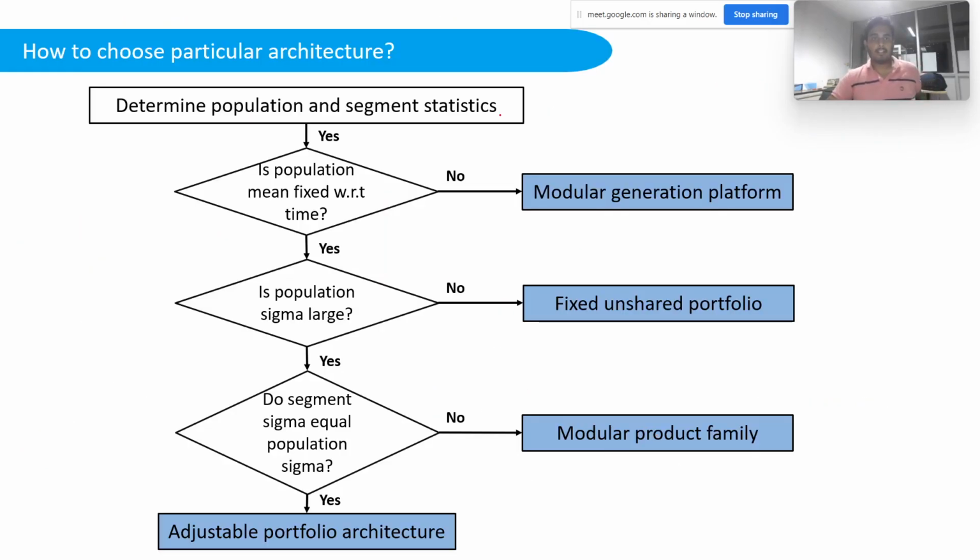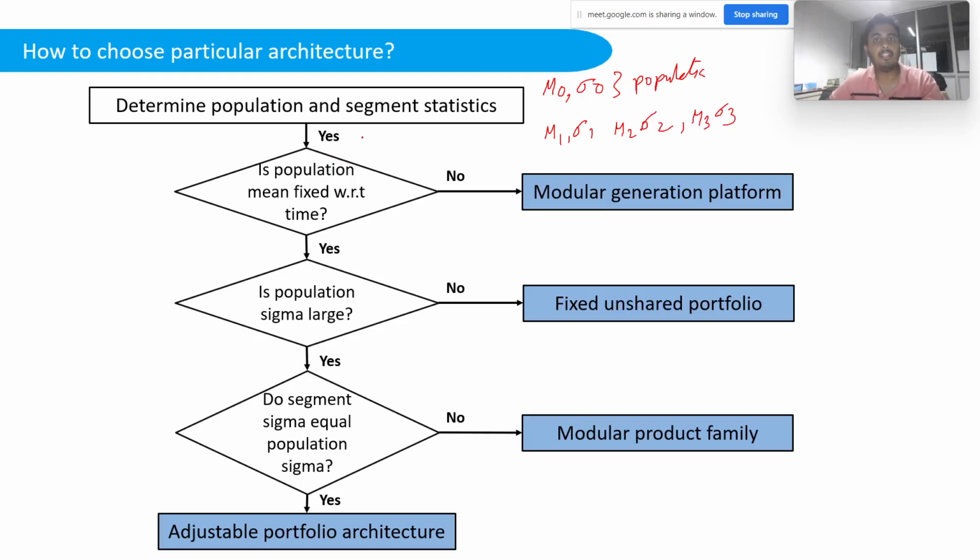For example, you get some population and segment statistics, which include the population mean. If I denote it by mu and sigma, this is the population. And for different segments you have, for example, segment 1 mu 1 sigma 1, mu 2 sigma 2, mu 3 sigma 3.